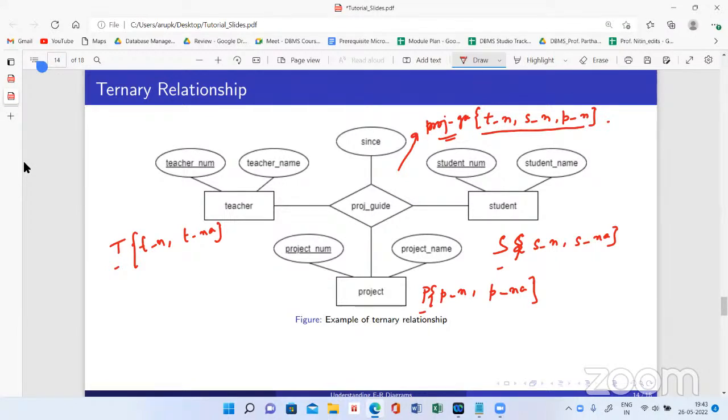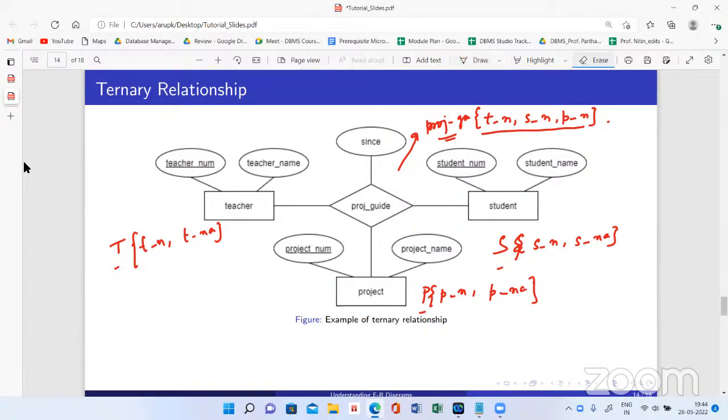Right. I'm repeating, one to many or many to one cannot be realized in this way. We'll learn it next day. What is Since? Since is a relationship attribute. Sorry, I forgot to add it.